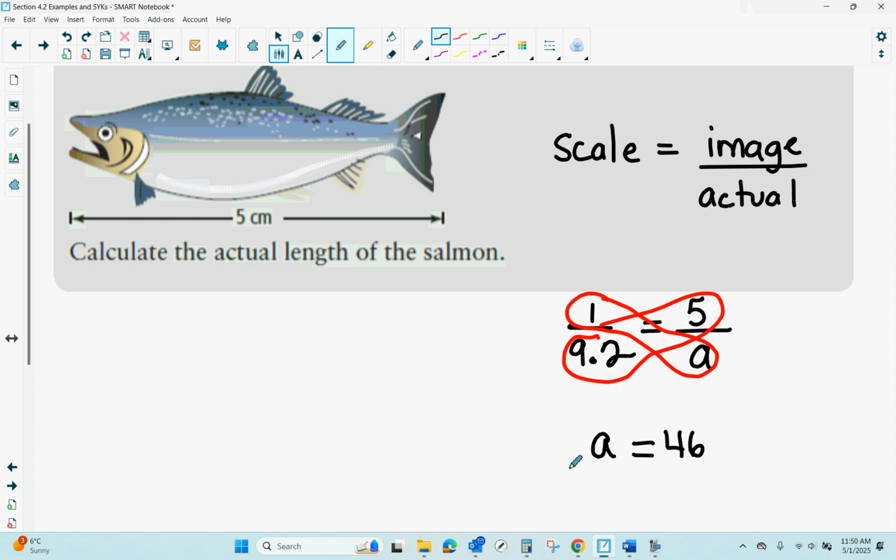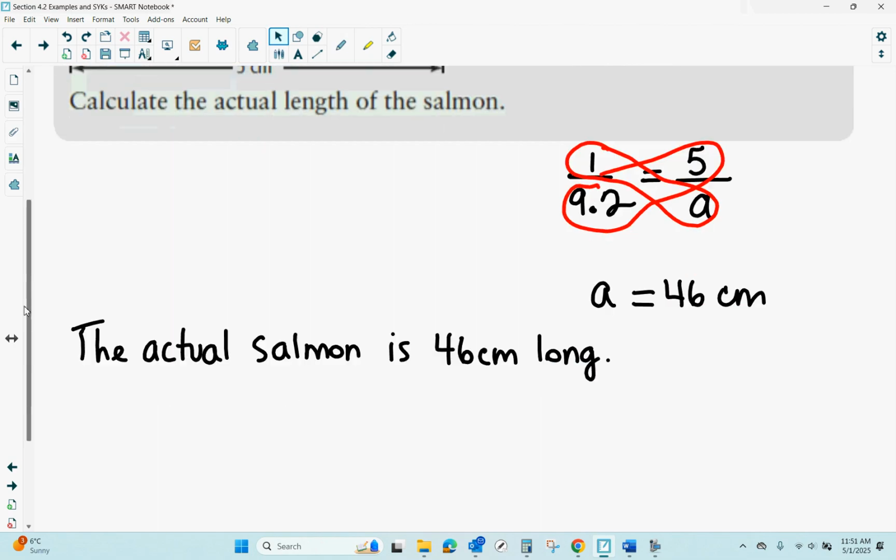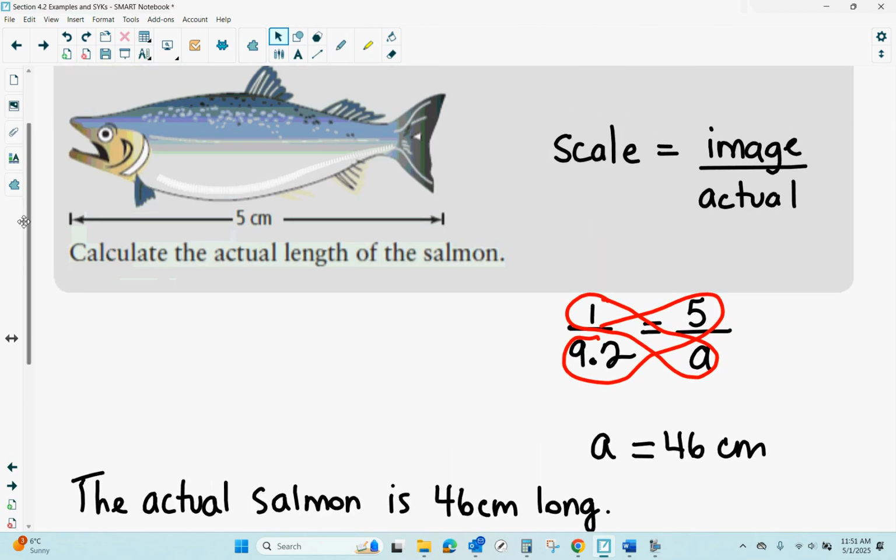So we get 46. You can use a calculator there too. 46 centimeters. So the actual salmon is 46 centimeters long. Okay, these are the types of questions we need to be able to answer.